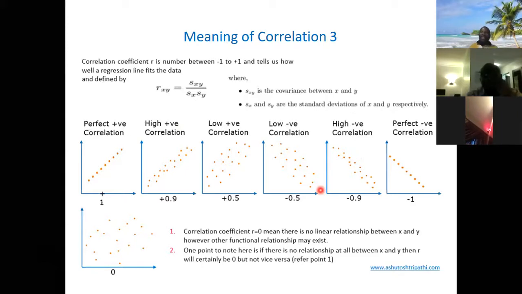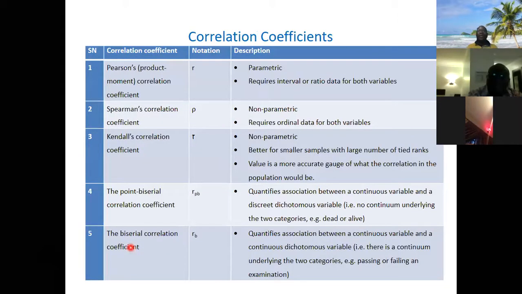But the direction, either going down or going up, tells you whether it's positive or negative. But when there's no pattern at all, I cannot even see whether it is going up or down, it just scatters. That is zero, no correlation.